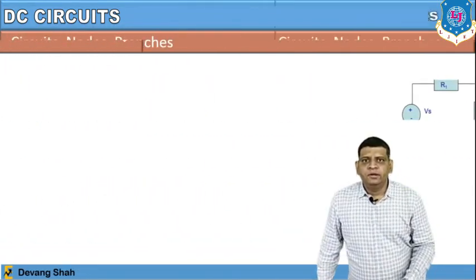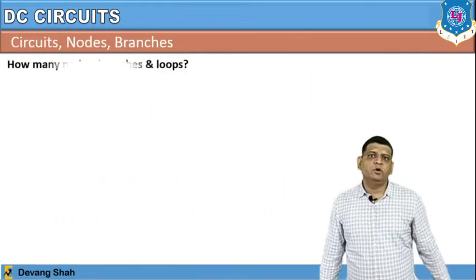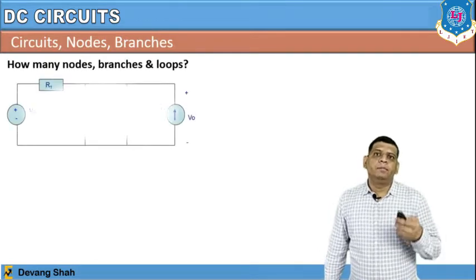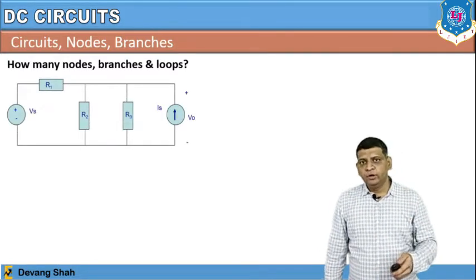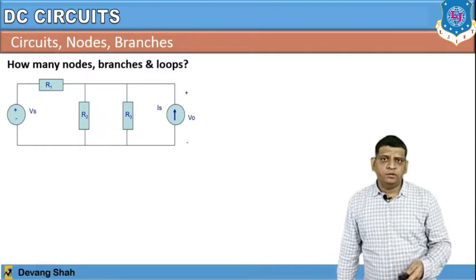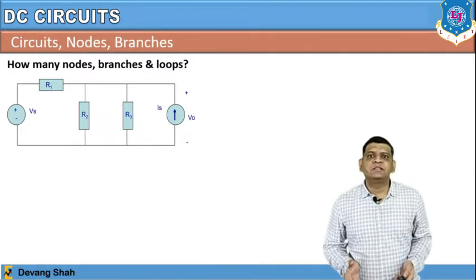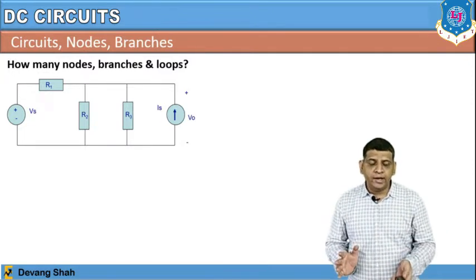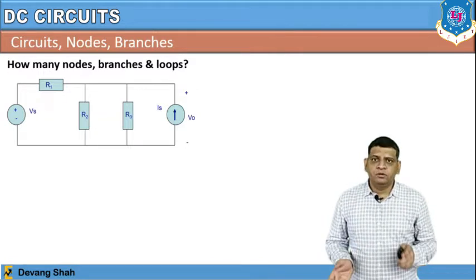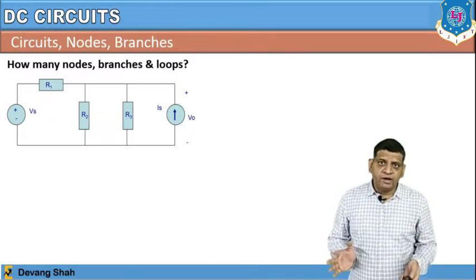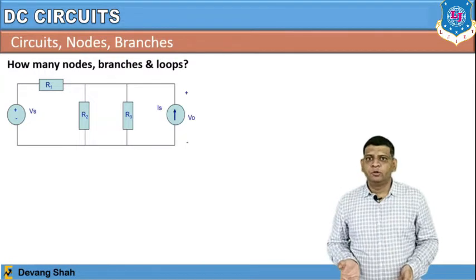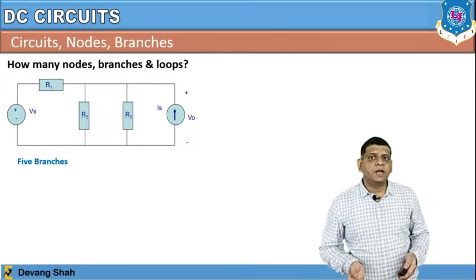Okay. In the same circuitry, if we want to find how many branches are connected, I already told you, at one particular point, if more components are connected, or one component with end-to-end wire, it is defined as a branch. So you can see here how many branches there are.